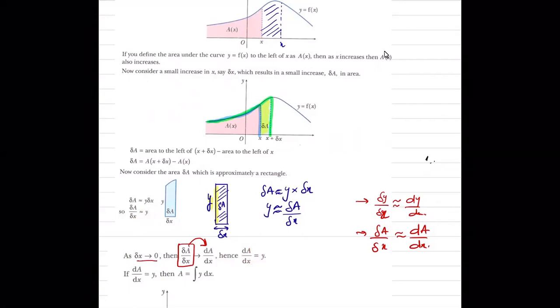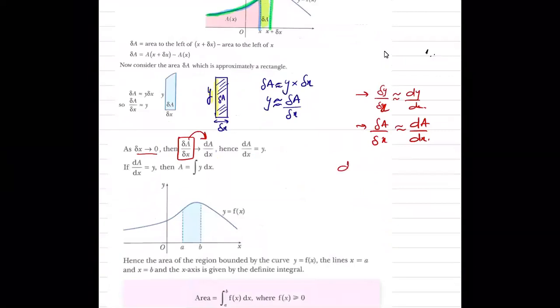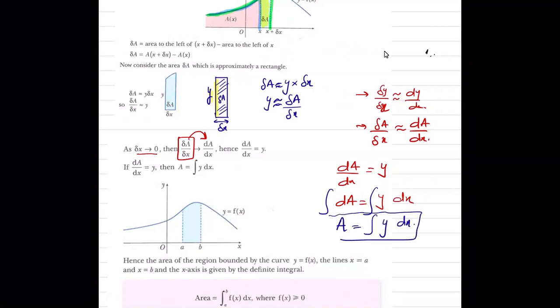Okay. So if dA upon dx is equal to y, then dA is going to be equal to y times dx, and if you integrate this, what do you get? Integration of dA is going to be A, the area, which is the integral of y dx. Now this means that what was y initially? y was the equation of the function.